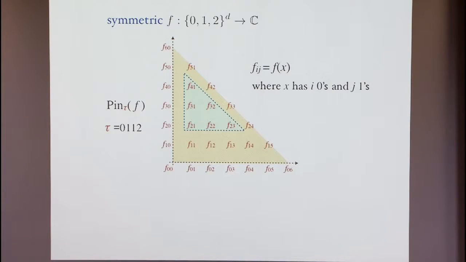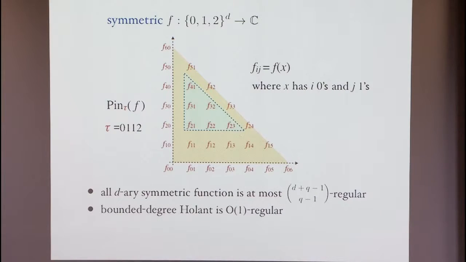Being R-regular means that with this smaller simplex size fixed, no matter how we move around, the number of different patterns we can get is at most R. So with bounded degree, we always get finite regularity. Bounded degree is just a special case of this regularity.